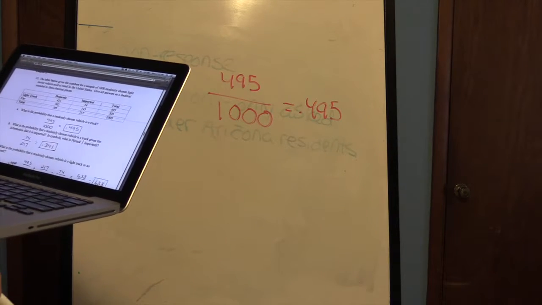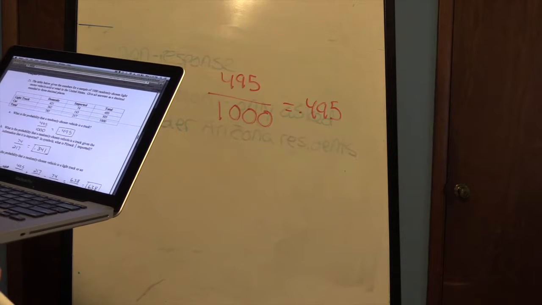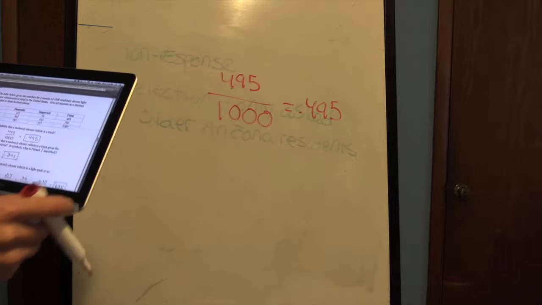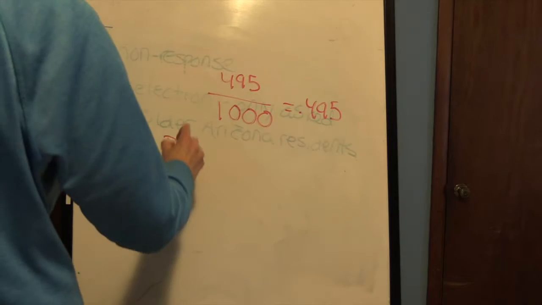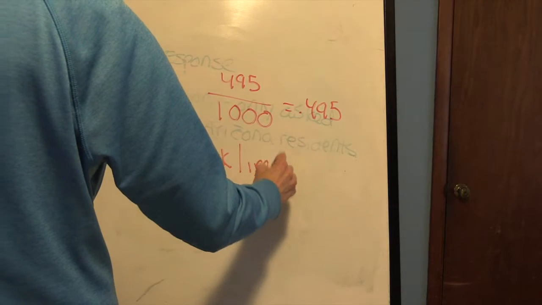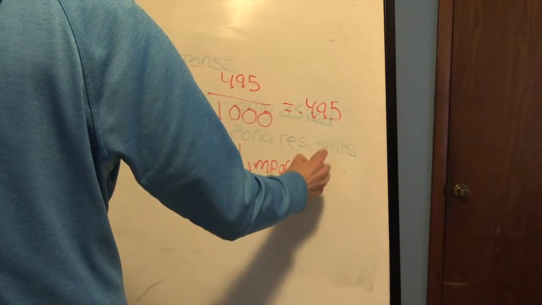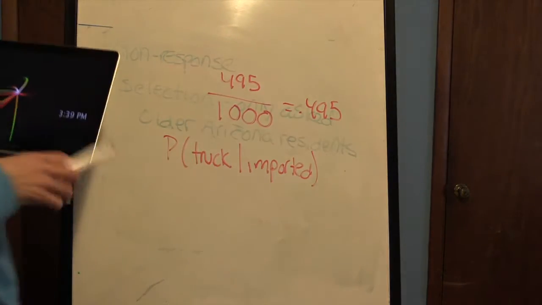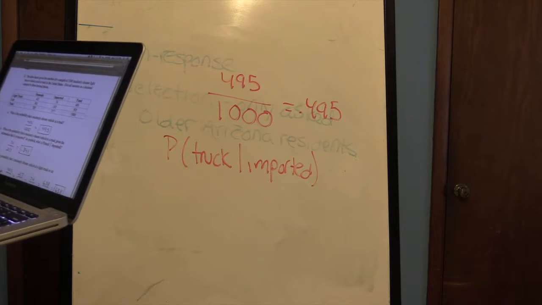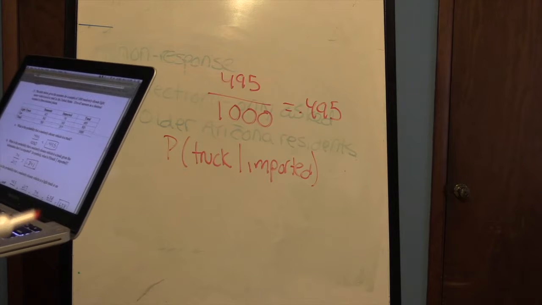What is the probability that a randomly chosen vehicle is a truck given the information that it's imported? So this would look like, what is the probability that it's a truck given that it's imported? If you remember, when I talked about doing a given problem with a contingency table, the given tells you the group that you are looking at, tells you your denominator.